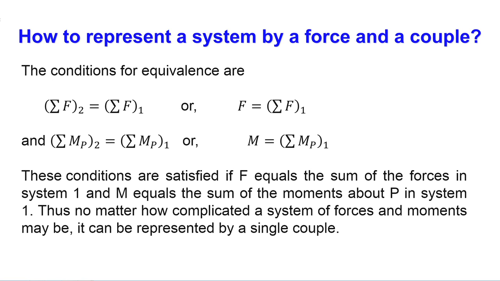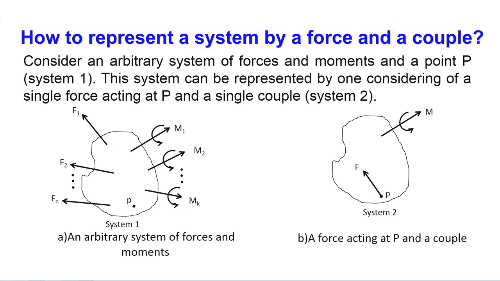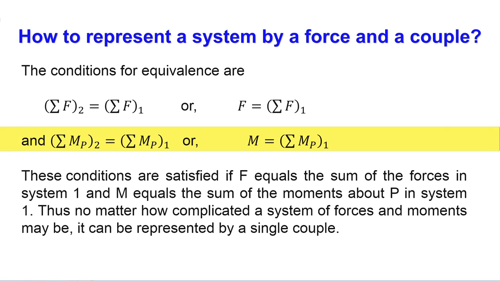The sum of F1 to Fn equals F. So, sigma F equals sigma F for system 1, and another condition is the moments of all the forces about P, which can be represented by one moment in the second equivalent system. So, the second condition is MP2 equals MP1.